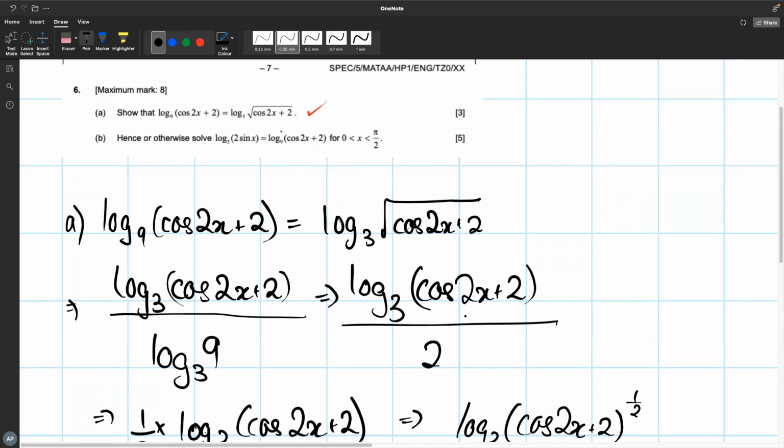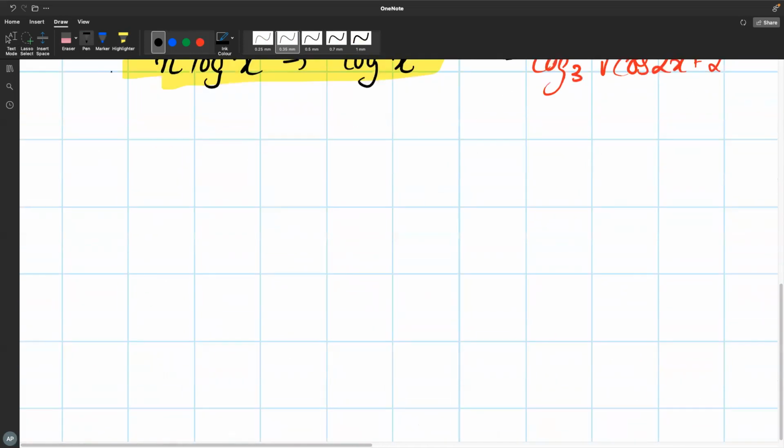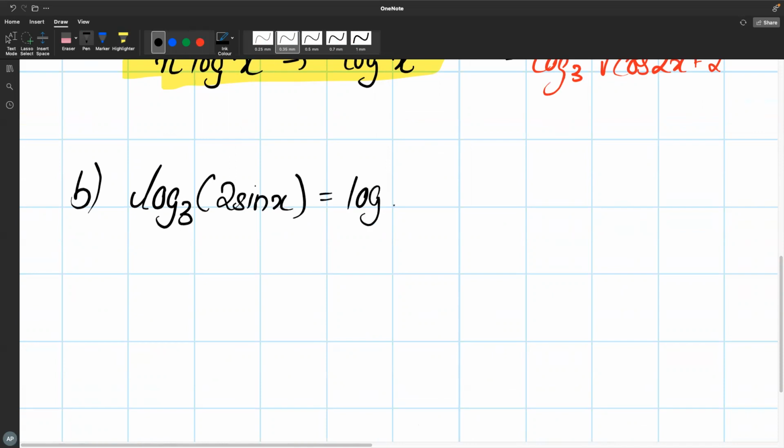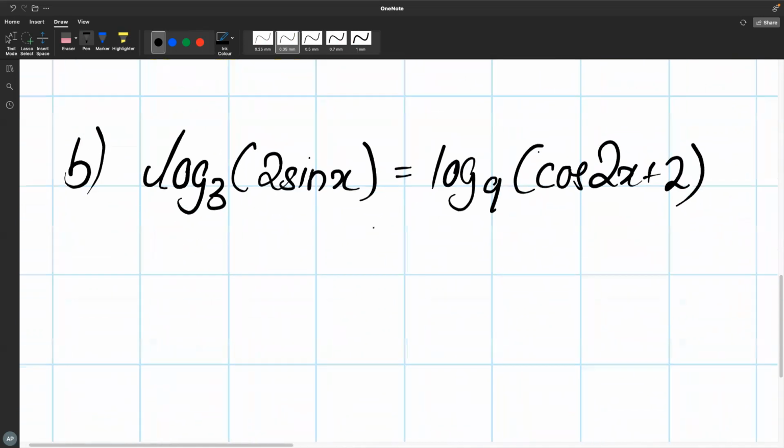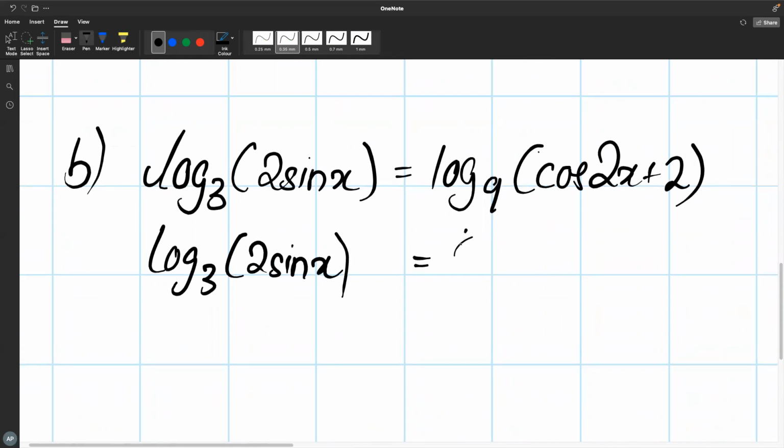So part B, that's log base 3 of 2 sine x is equal to log base 9 cosine 2x plus 2. Now because we have proven the right hand side as something else, let's show what that something else is. And that's equal to what we found previously, log base 3 square root cosine 2x plus 2.